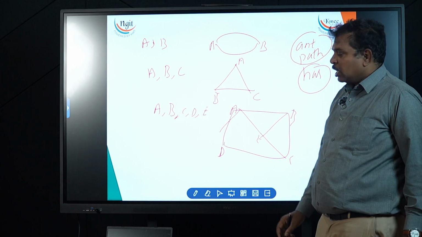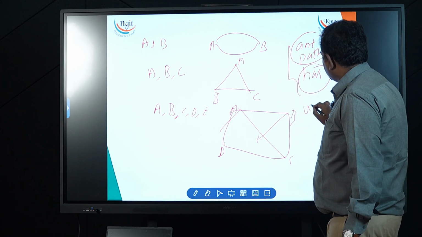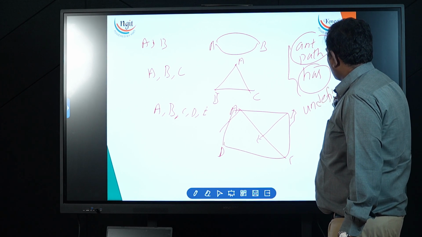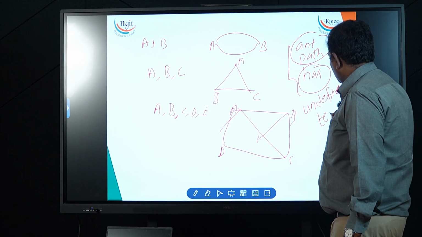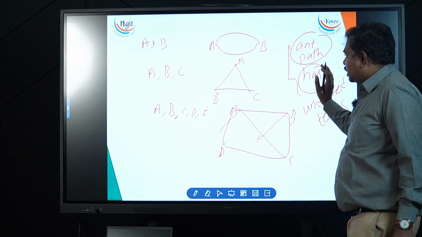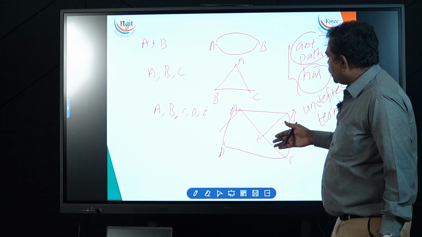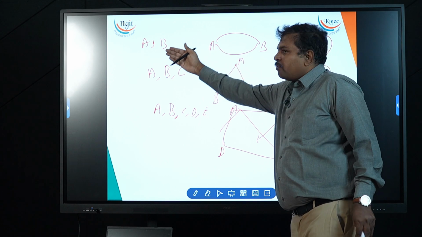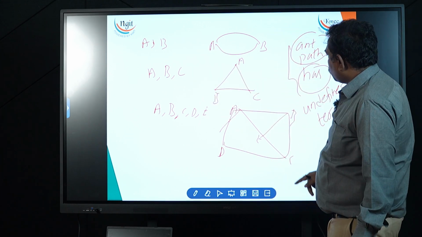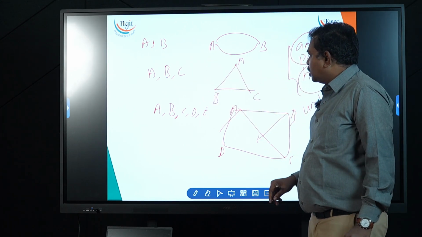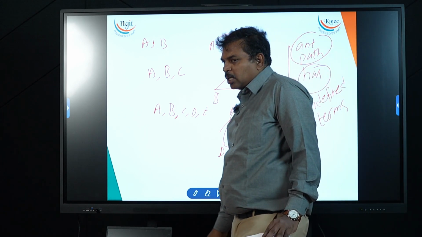For these undefined terms, I am creating a model with the help of axioms, so that if that model is true for all the axioms, I can infer new theorems from that system.